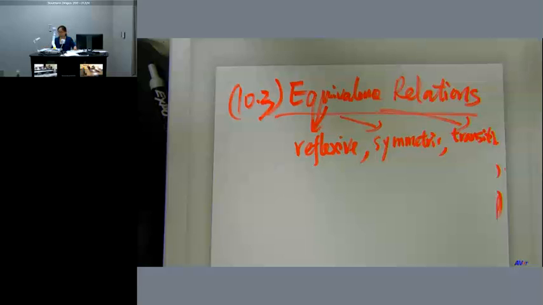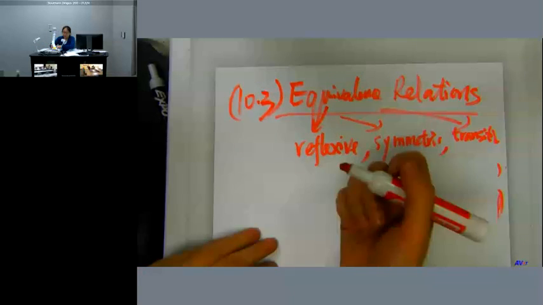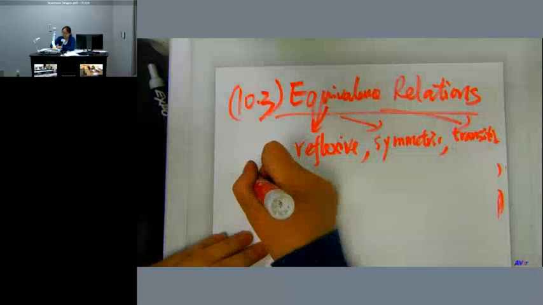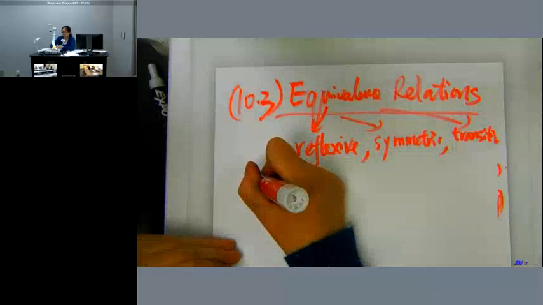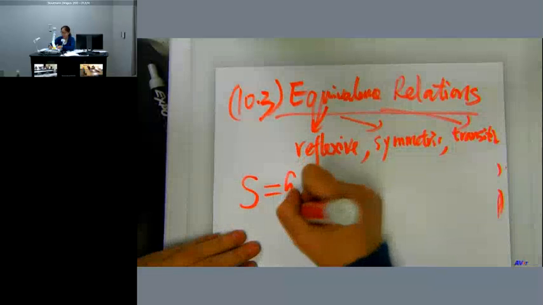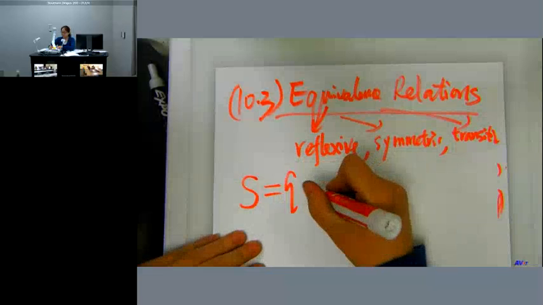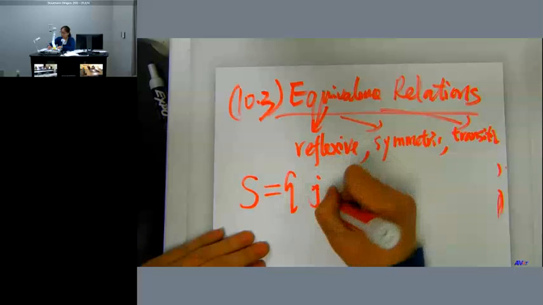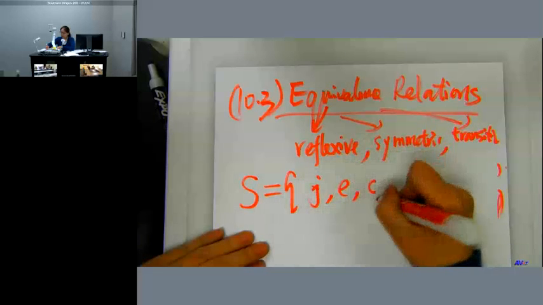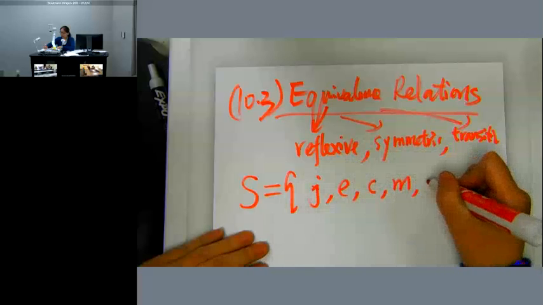So I'm going to go back to the real, let me think. Let me give you a kind of real life example. Suppose we have students here in our class. I'm going to use some names. Suppose James, Elena, Curtis, Morgan, and Katie.